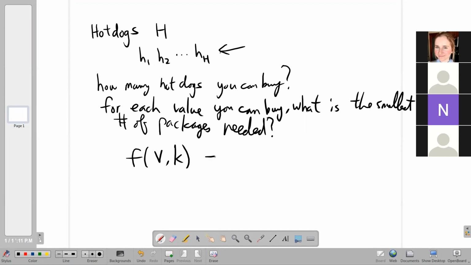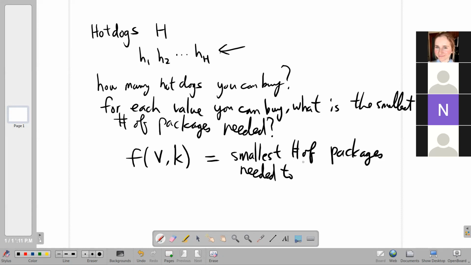K will be equal to the smallest number of packages needed to buy V hot dogs using H. Okay, maybe just to make things simpler for coding, I'm going to make things zero based, and then I'm going to say using H0 up to HK.